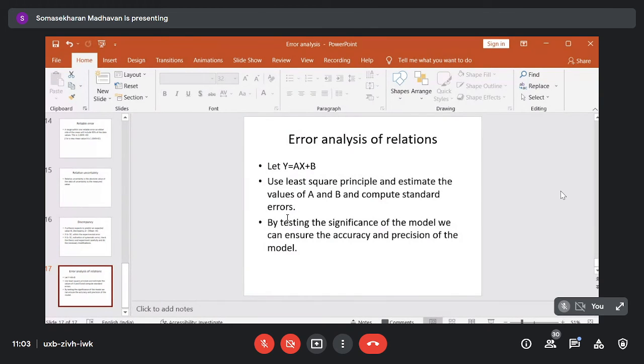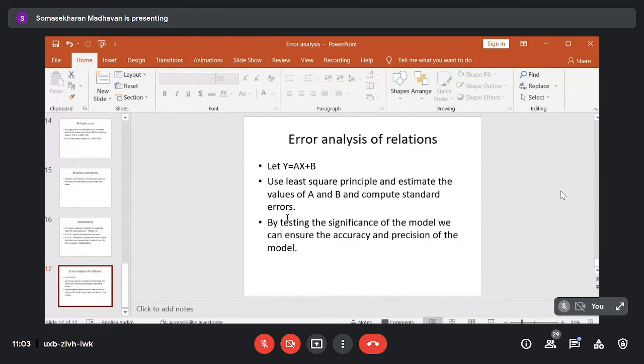So you make use of the previous concepts of regression in this relationship. If you have the estimate and the standard error, you can interpret the precision or the accuracy of the relationship in terms of the confidence interval. So by testing the significance of the model, we can ensure the accuracy and precision of the model that I gave in the last session.